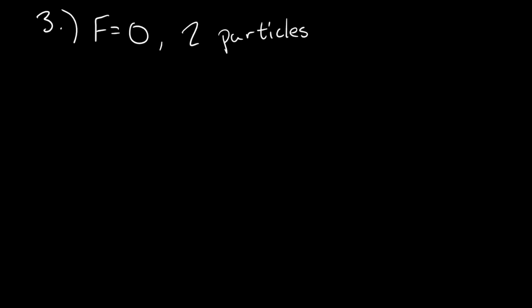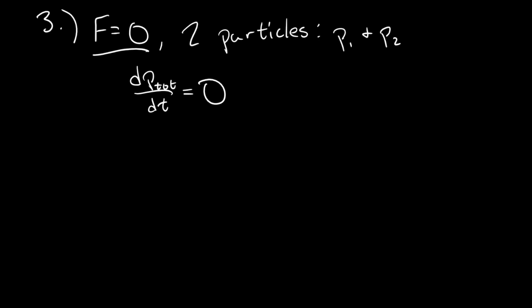Okay, finally I want to talk about Newton's third law, which again I want to consider what happens when F is equal to 0, and there are two particles. We'll say that they have momenta p1 and p2. Well, we already know that dp total/dt is equal to 0 because there's no outside force acting on this.